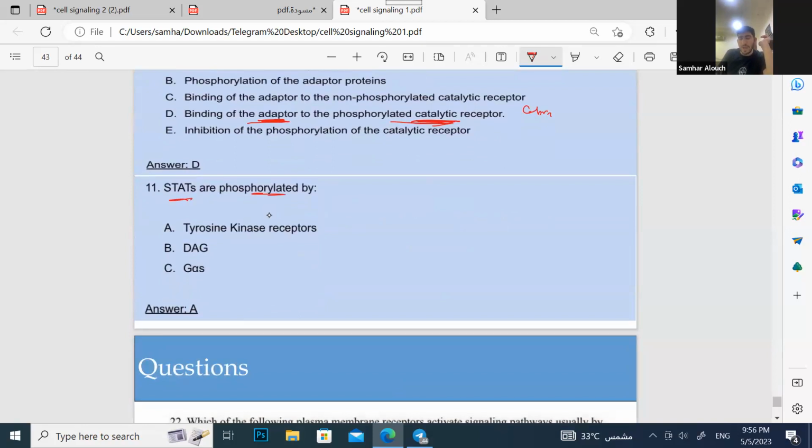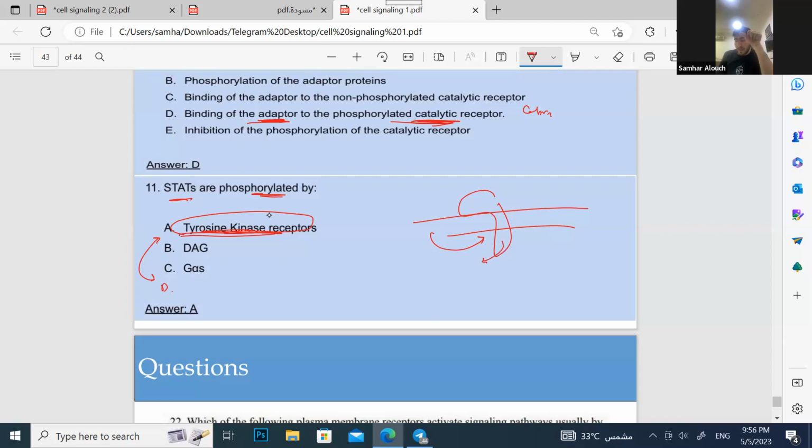STAT is phosphorylated by what? STAT is phosphorylated by the tyrosine kinase or JAK, okay? One of these. So the answer is tyrosine kinase. And if it came to you, put tyrosine kinase, because if there is JAK here, it's also correct, but if there is JAK and tyrosine kinase, choose tyrosine kinase. Because, as I said, the membrane has this receptor and JAK goes and phosphorylates the receptor.